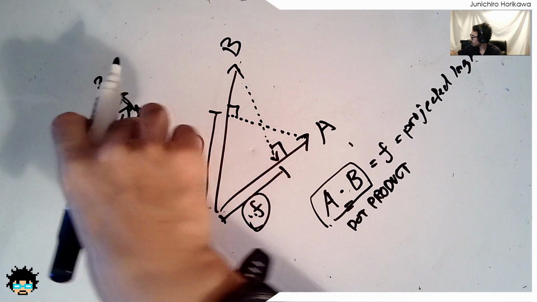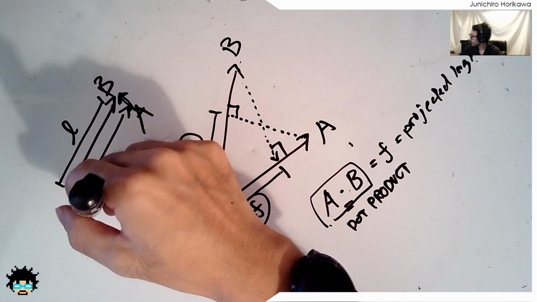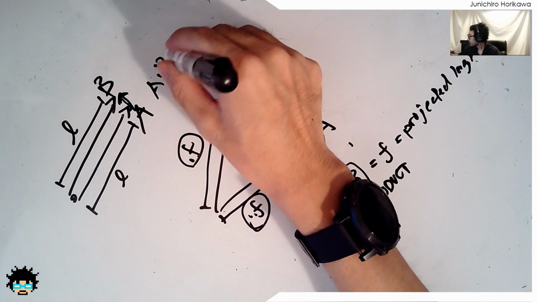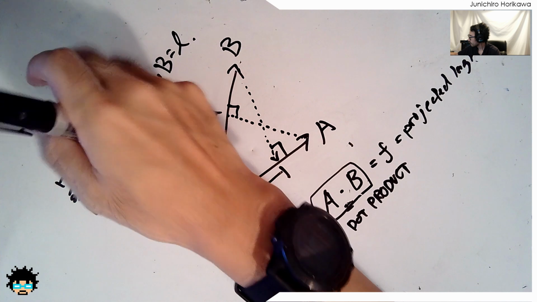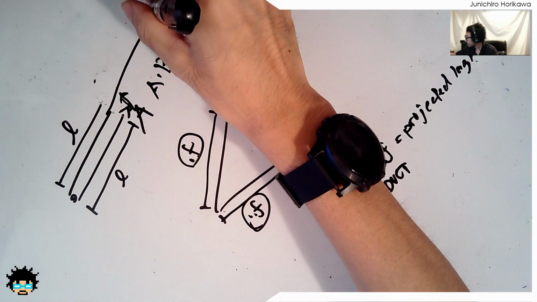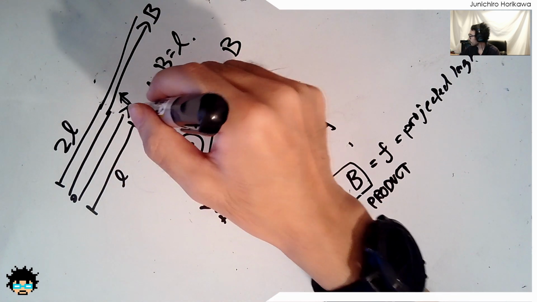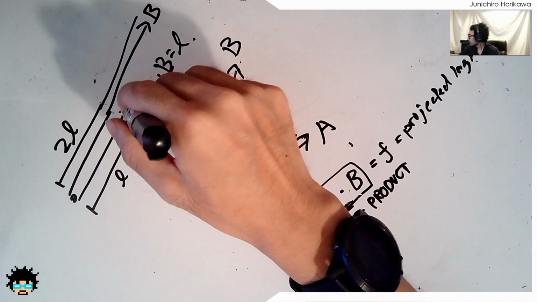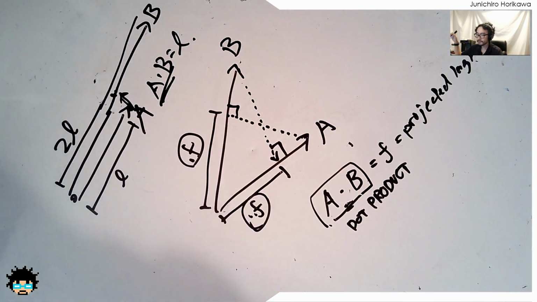So the length is equal to, let's say if the original length of A and B is equal to L, then the dot product is also L. If B is longer, let's say 2L, but if it's still parallel, then the dot product of A and B is still L, because A is projected on the longer one, like this. So that's how the dot product works.